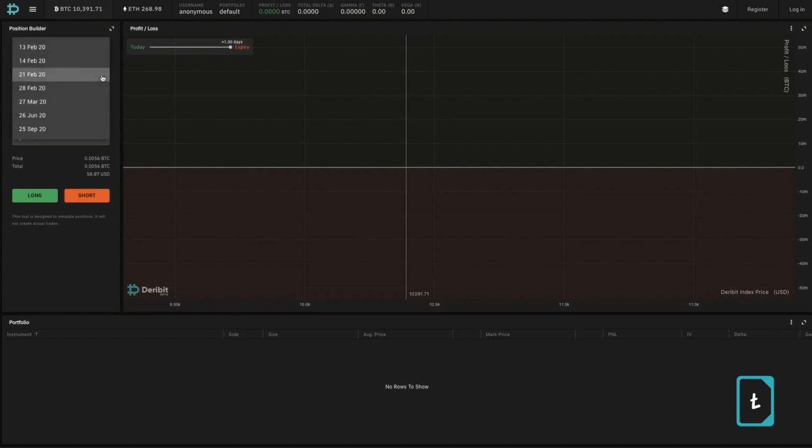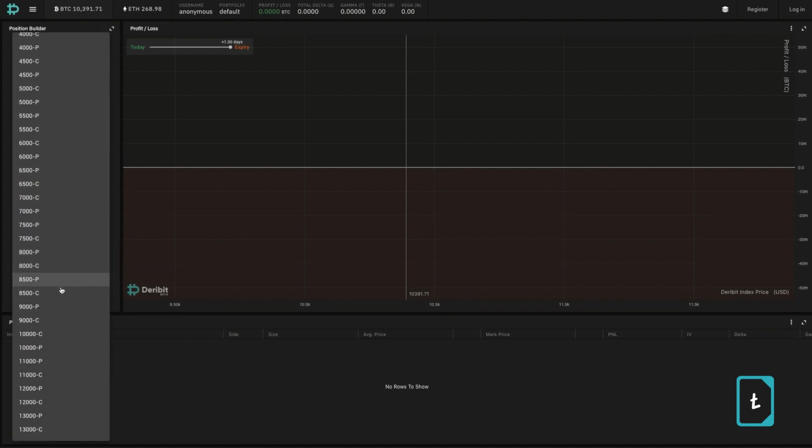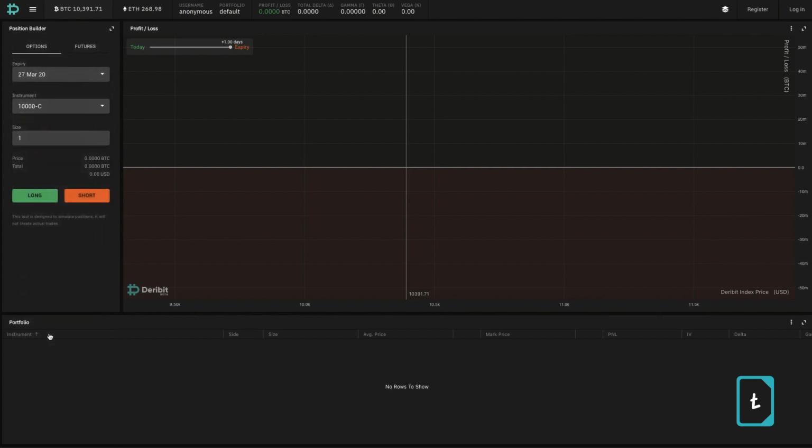First, we're going to choose our expiry, which is the date that this options contract expires. I'm going to choose March 27th, and for our instrument, I'm going to start with what's called an at-the-money option, or close to the money. These options are spread out a bit, every $500 or $1,000, depending on which expiry.